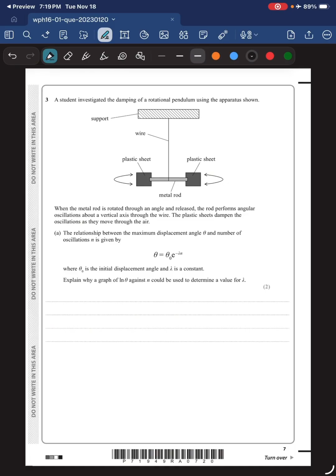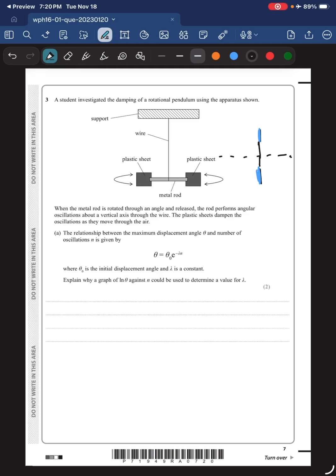The relationship between the maximum displacement angle theta and number of oscillations n is given by theta equals theta naught e to the minus lambda n, where theta naught is the initial displacement angle and lambda is a constant. So if we look at this thing from above, this is the first plastic sheet, this is the second one, and they are connected.